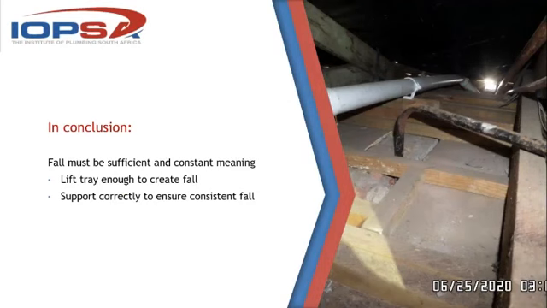Now, please, I'm not talking about the installation of a tray holistically. In other words, you need supports, and we're not talking about all those details. I'm simply talking about, and I'm narrowing it down to the fall of the discharge pipe from the tray. So how do we achieve that? We've got to lift the tray enough to create a fall. That's number one.